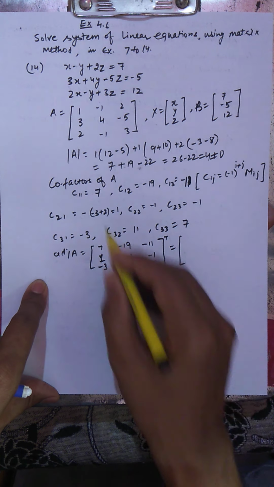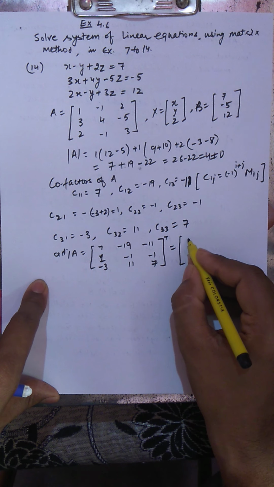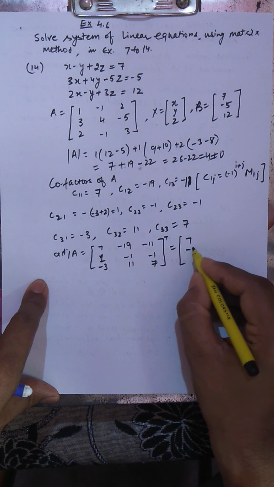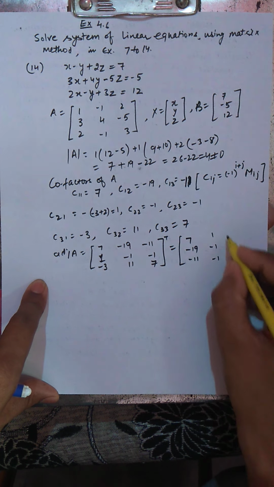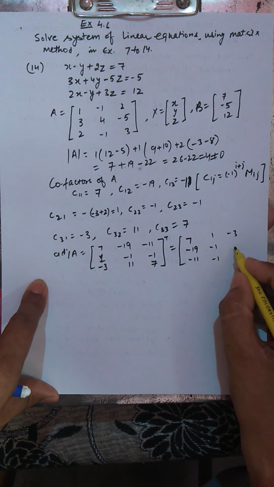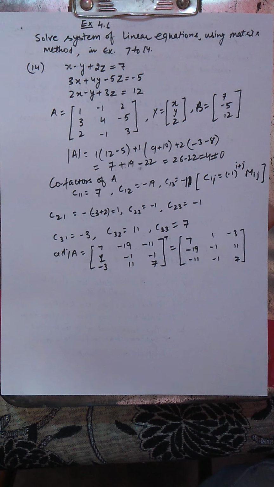You may write directly like this, it's up to you. So this is 7, minus 19, minus 11, this is 1, minus 1, minus 1, and minus 3, 11, 7. So you have found the adjoint of A.